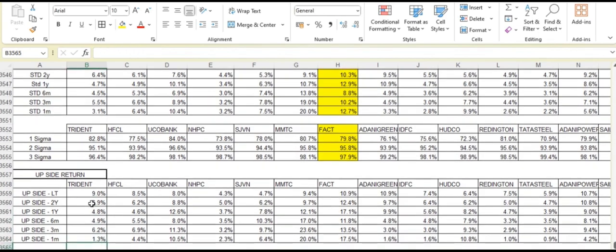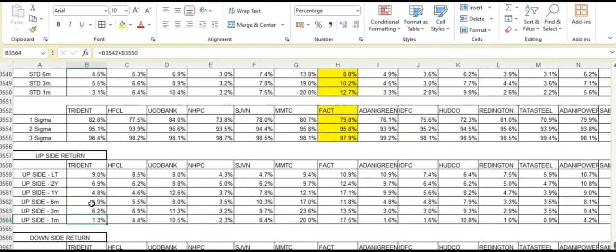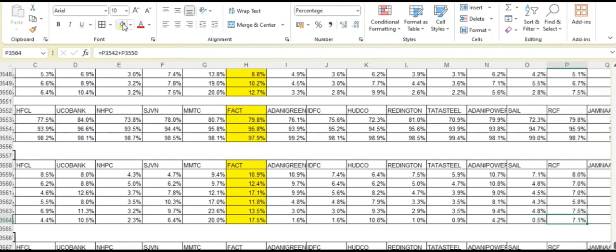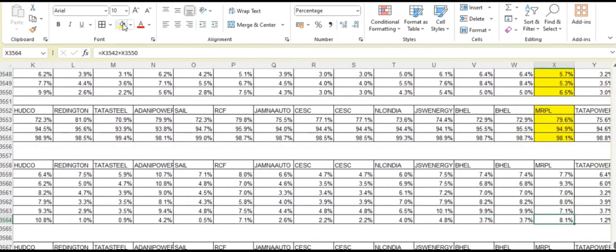However, given that we are interested in recent data, we will be looking at the upside for the last 1 month of data. So the upside for FACT, the stock that we are interested in, is coming to about 17.5%, and similarly the upside for MRPL comes at 8.1%. Now this is the upside or the maximum expected return with an accuracy of roughly about 80%.